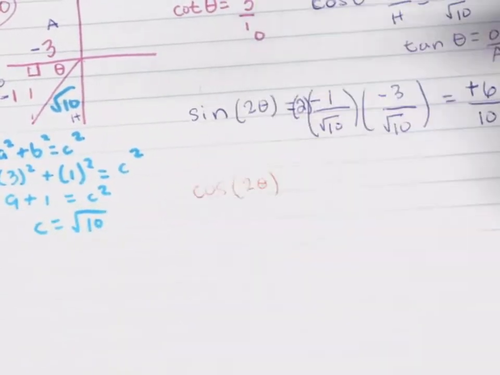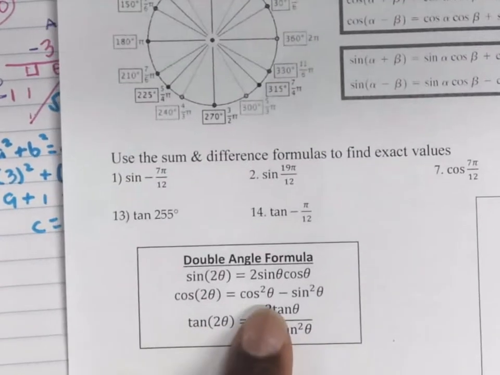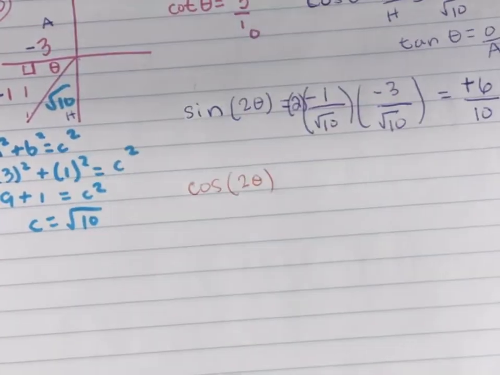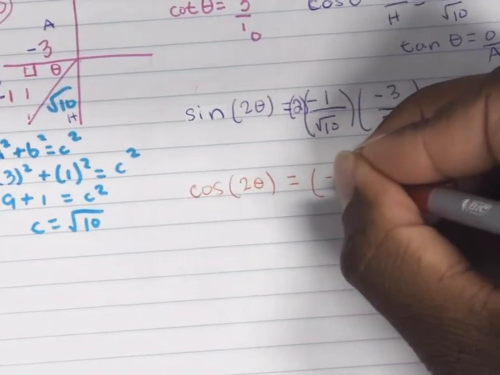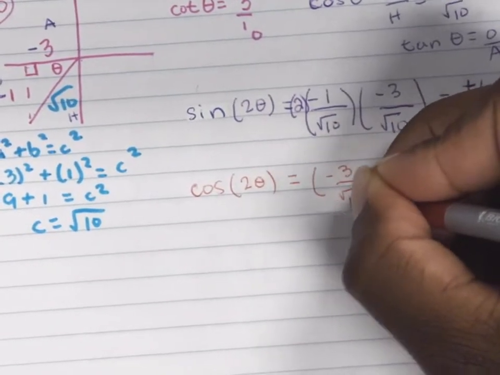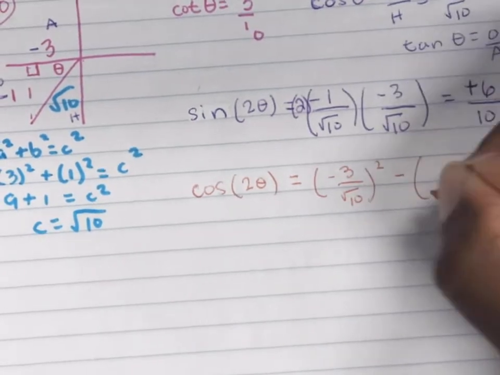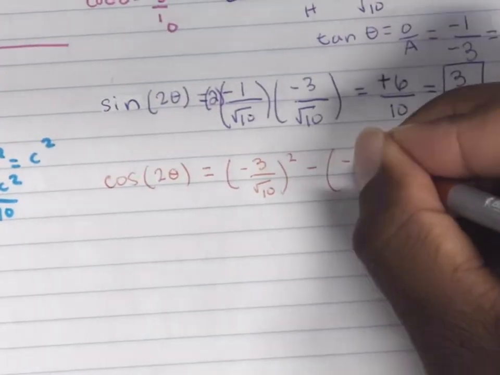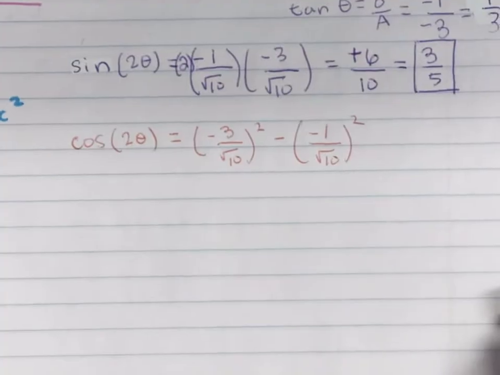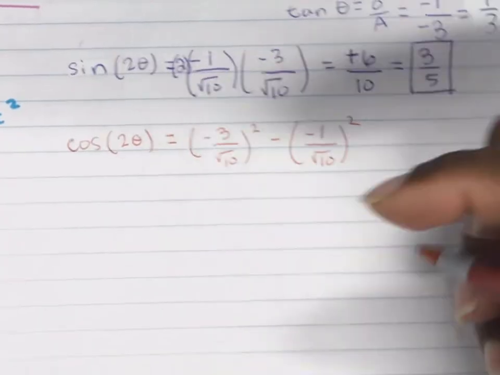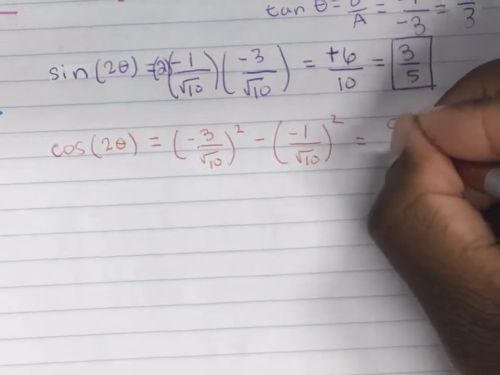Cosine double angle is cosine squared minus sine squared. So cosine's ratio is -3 over root 10 squared minus sine squared, which is -1 over root 10 squared. So -3 squared is just a 9.